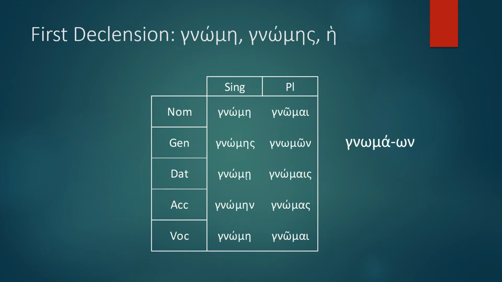Looking at the accusative, we can see here that gnomas is another paroxytone, but we remember that alpha can be long or short, but because gnomas is a paroxytone, we know that alpha is long. Because if alpha were short, gnomas would be a properispomenon, but it's not. And our vocative plural is the same as our nominative plural.